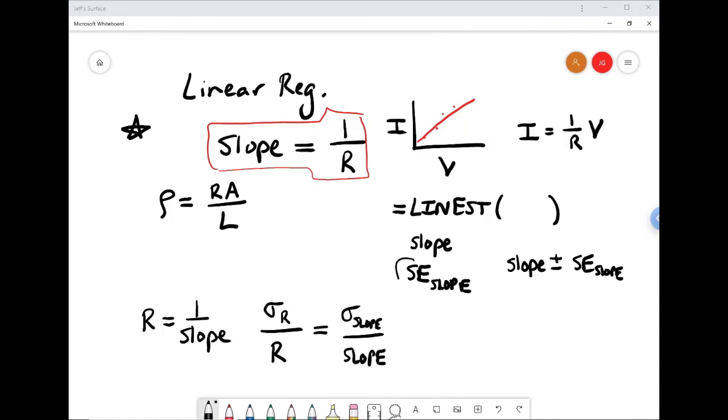And we're using the standard error in the slope that we get from the LINEST function as our estimate for sigma slope. So the uncertainty in R is going to equal, if we just solve for that, R times the fractional uncertainty of the slope.